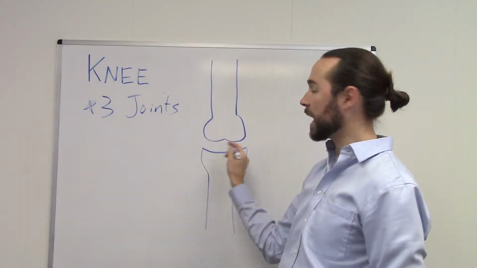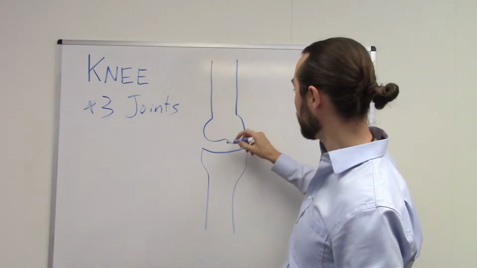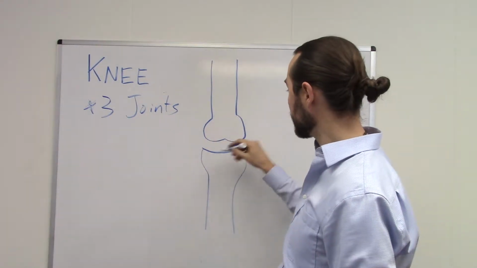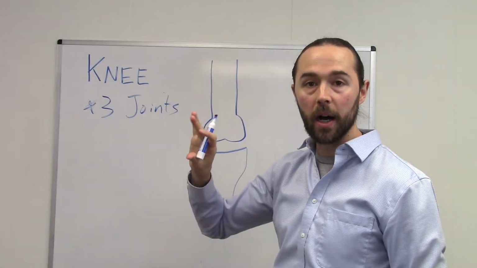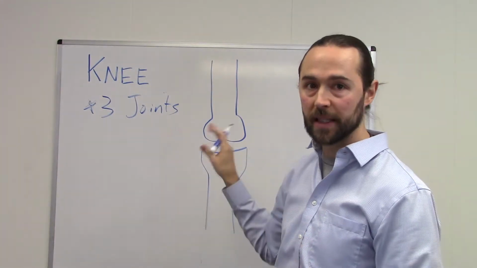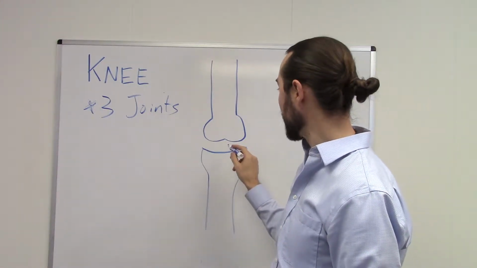So again, that's your main joint people think of when they think of the knee. It basically has 2 compartments. If you look at the end of the femur, it's rounded like a ball, and this is concave. So those 2 ends are going to kind of articulate that way. So when your knee bends and straightens, that's where you're getting the motion. So that's your main joint at your knee.